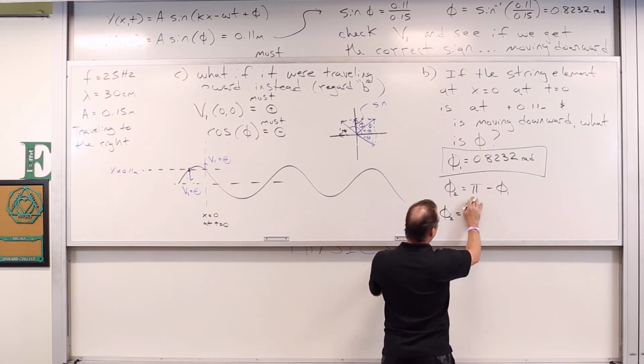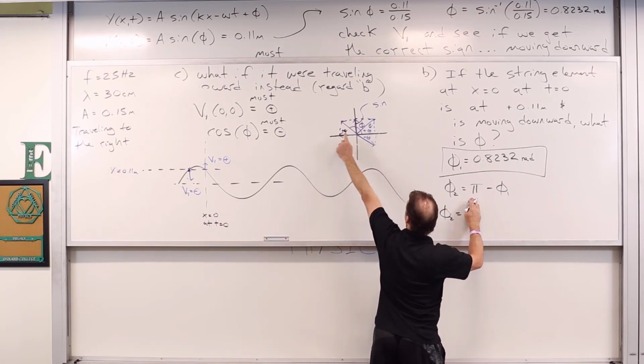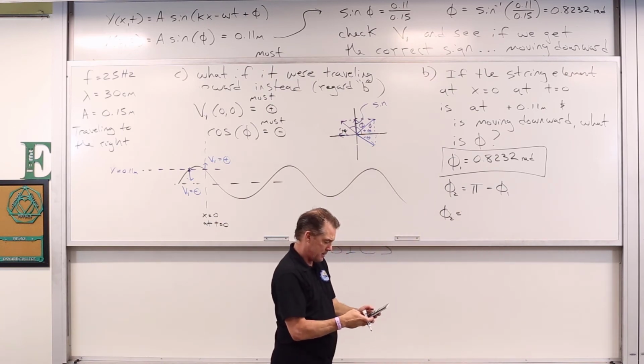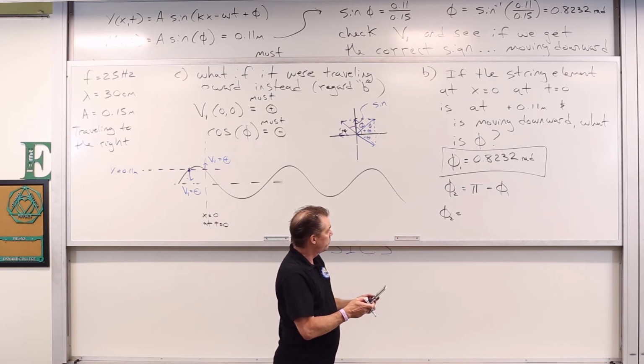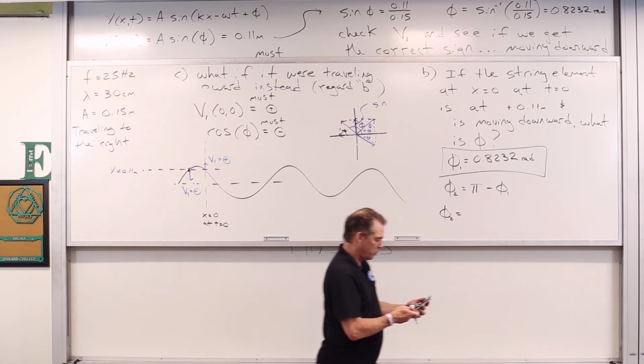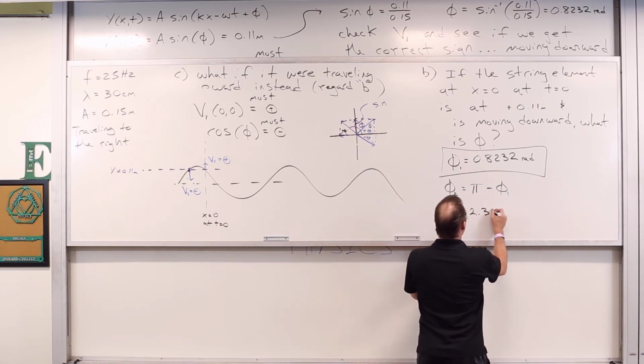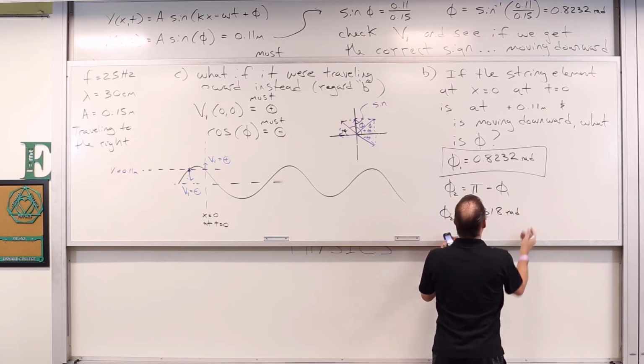Phi2 is equivalent to 180 degrees minus that phi1. So we've got ourselves pi minus 0.8232, which gives us 2.318 radians.